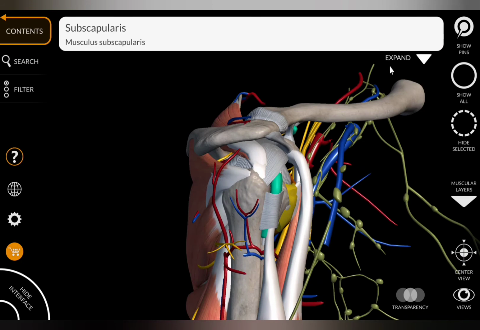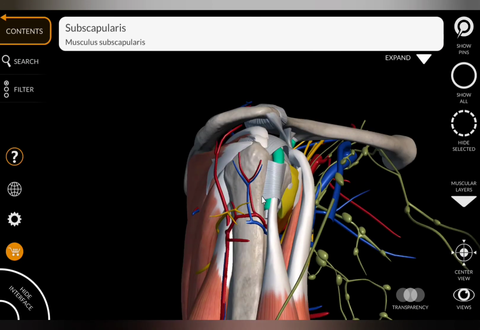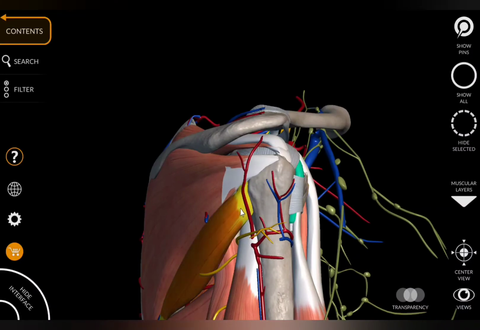Now I am going to remove the components of the musculotendinous cuff.